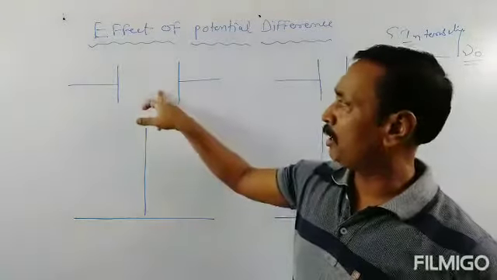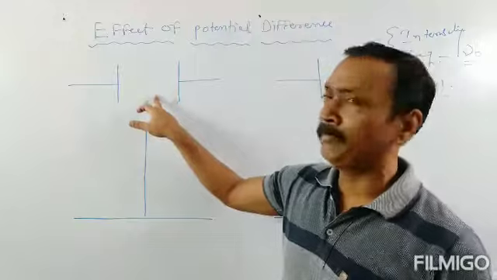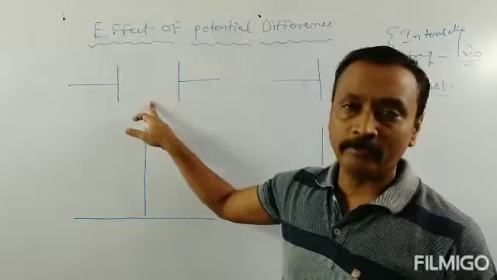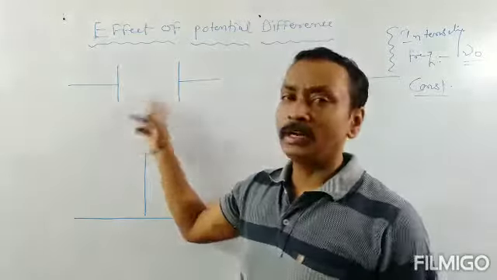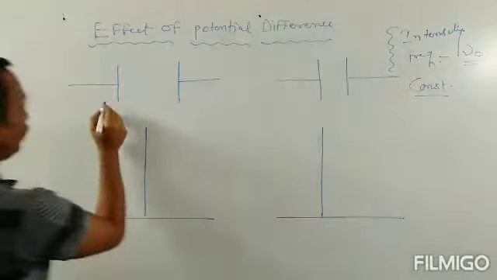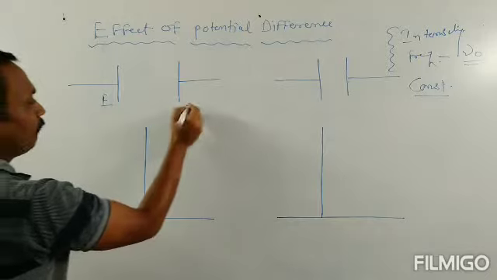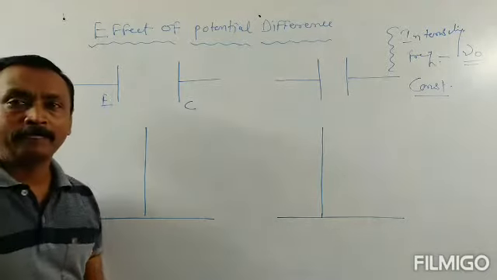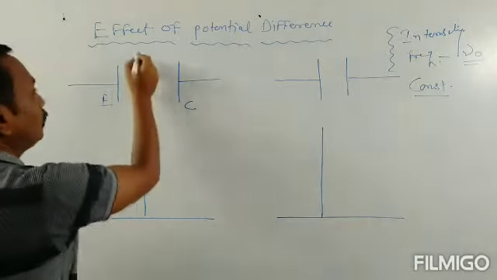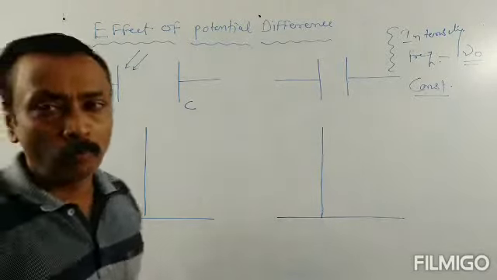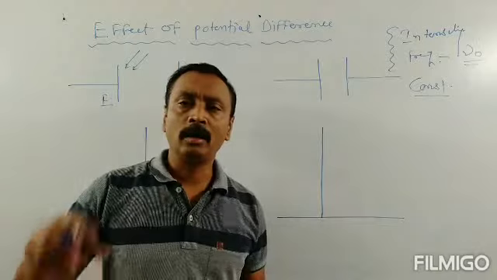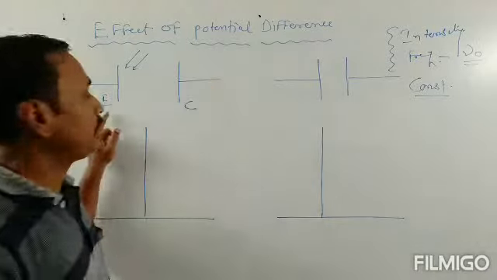First of all, as per the previous experiment, the photoelectric effect that we saw, there are two plates, one emitter plate and one collector plate. The electromagnetic wave in the form of photons is incident on that emitter plate.